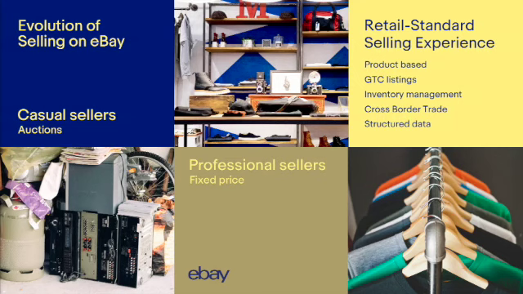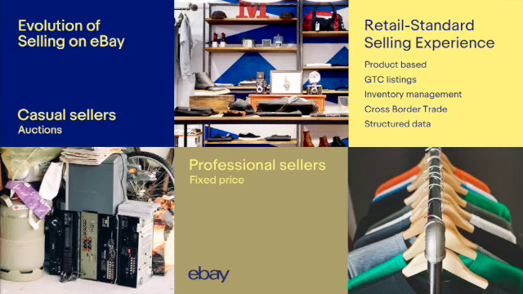Buyers want to be able to buy using mobile devices. Buyers want product-based experiences. They don't want to sift through pages and pages of search results. They want to be able to narrow down their purchasing decision on content, on product information, on ratings and reviews. So they need these product-based experiences.